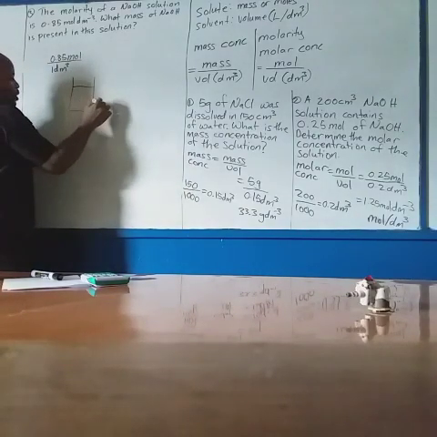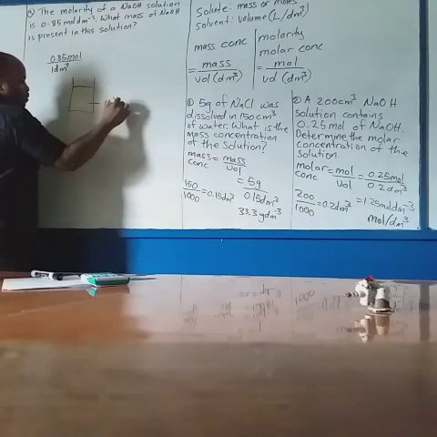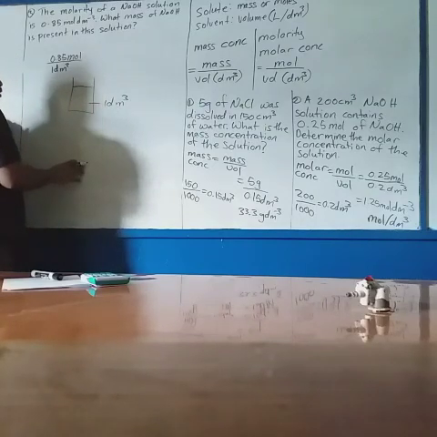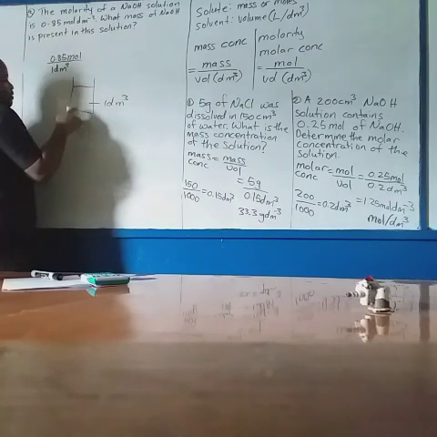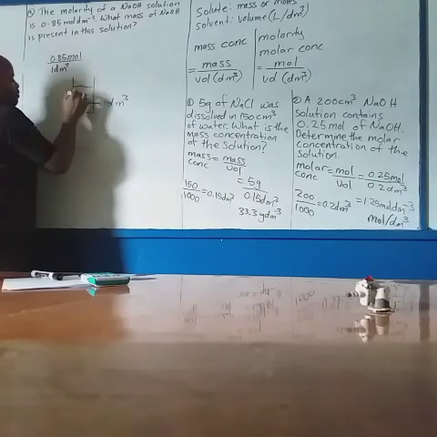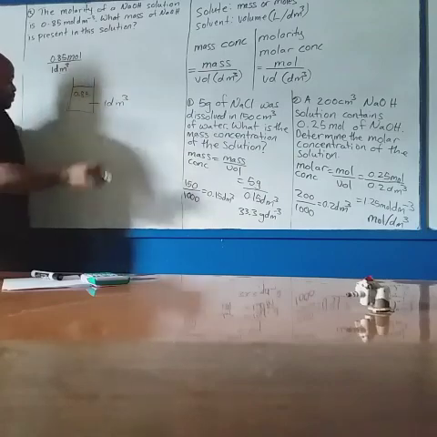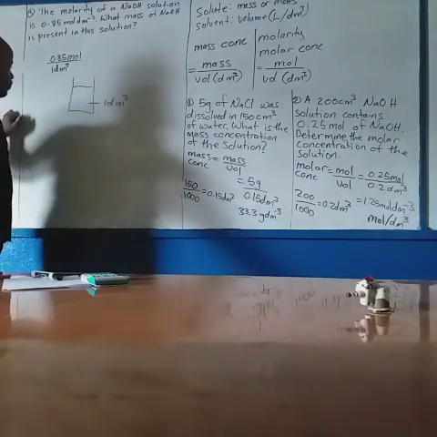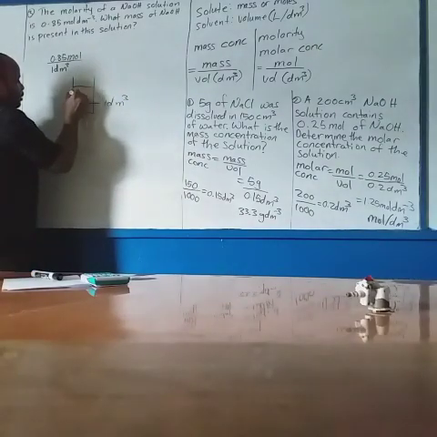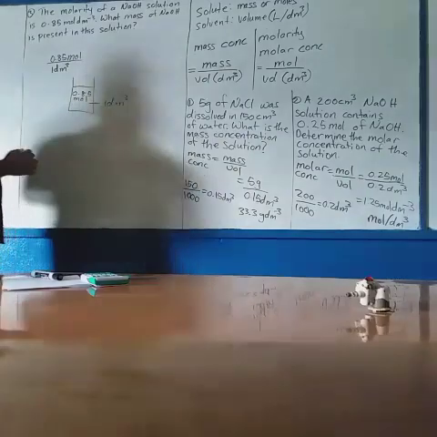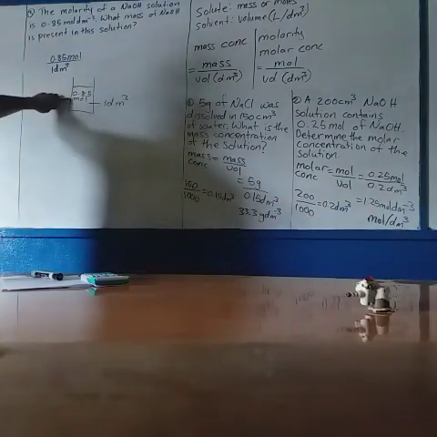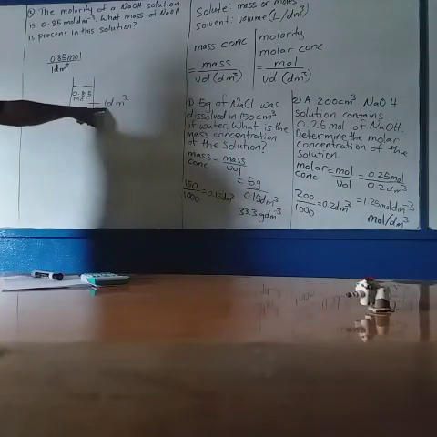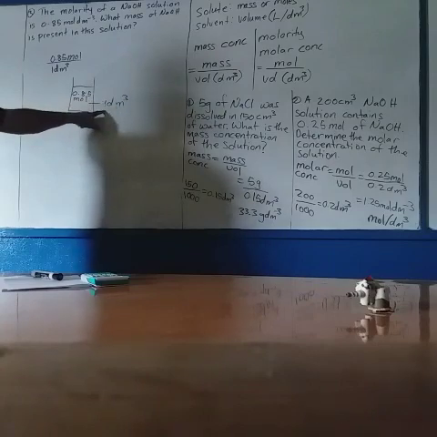You pour 1 dm cube of water inside of it, and then inside of the 1 dm cube, you have 0.85 moles present. So this is what the question is telling you. You have 0.85 moles in 1 dm cube of water.